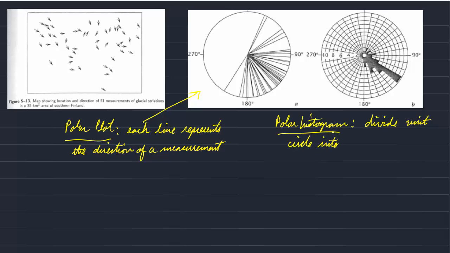Let's say we divide it into K bins from 0 to 360 degrees, and show pie sections whose length is proportional to the number of observations in each bin.